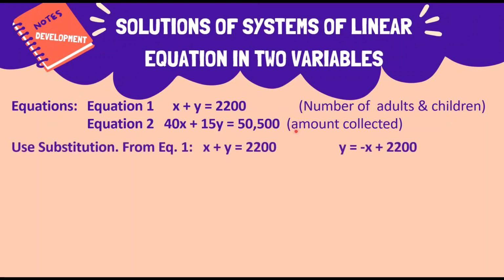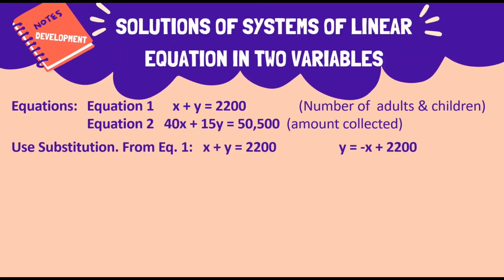And then let us use the substitution method. So since meron na tayong dalawa dito na equation, let us find the value of one variable in terms of the other. So as you can see, we have x plus y is equal to 2,200. So kunin natin ang value ng y in terms of x. So i-transpose natin ang x to the other side of the equation.